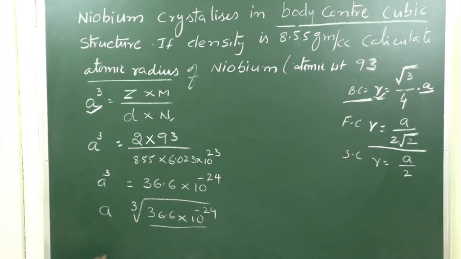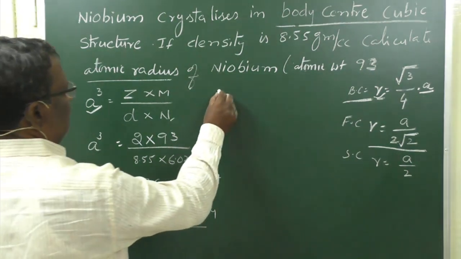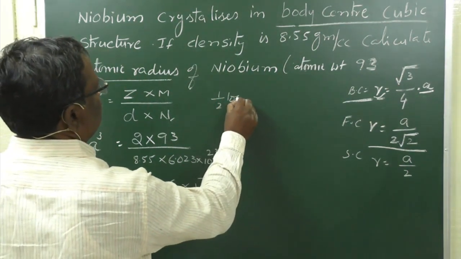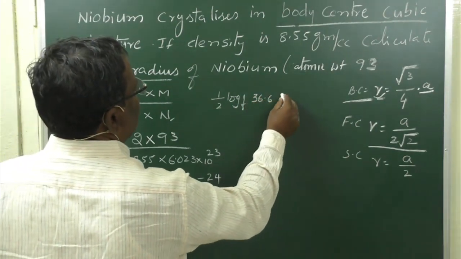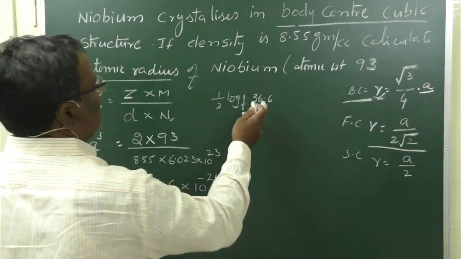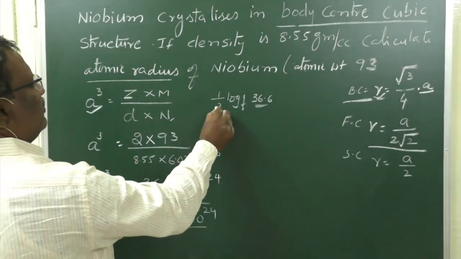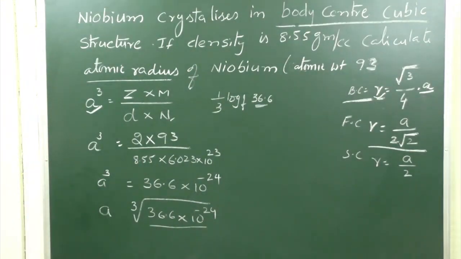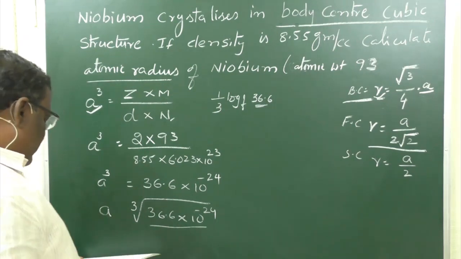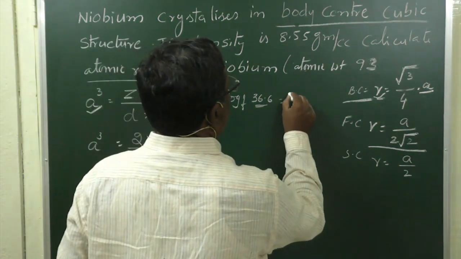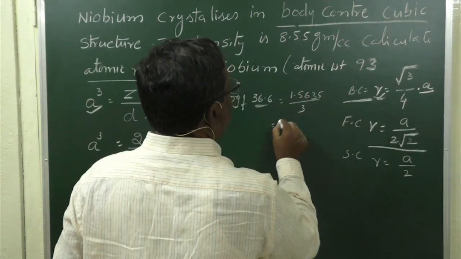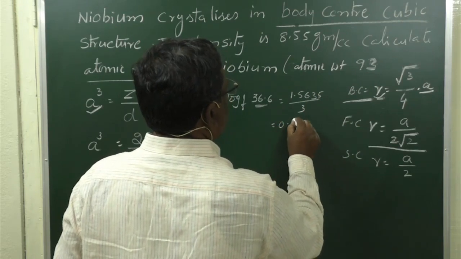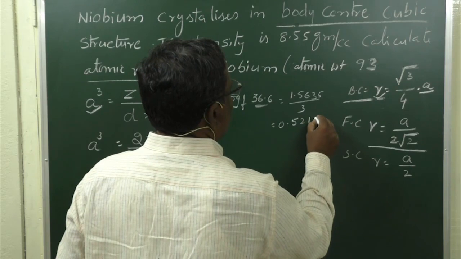To calculate the cube root, 1/3 log of 36.6. Cube root means 1 by 3. So, the log 36.6 value is 1.5635. 1.5635 by 3 will be 0.5212.